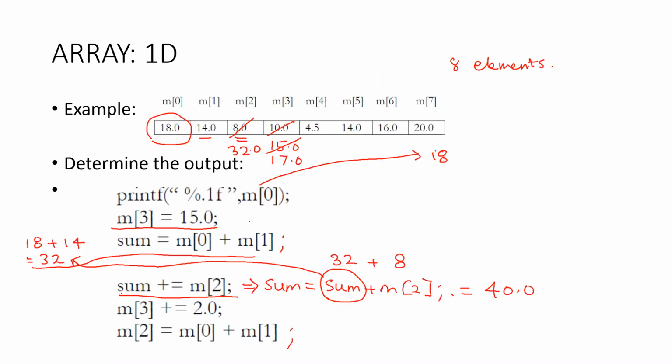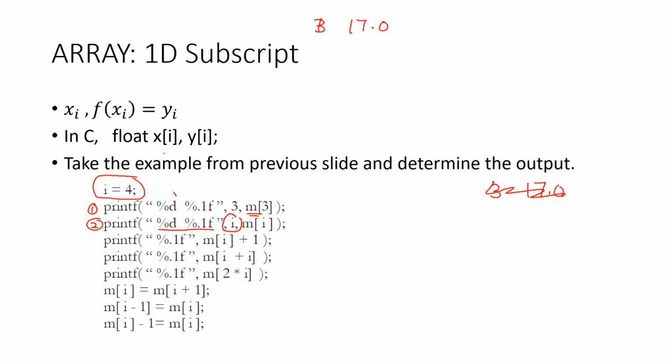M4 apa dia? 4.5. So in that case, dia akan keluar 4 and 4.5. Kenapa sebelah menyebelah? Sebab dia tak ada slash n kat sini. So there's no slash n right here. Dia tak ada new line.